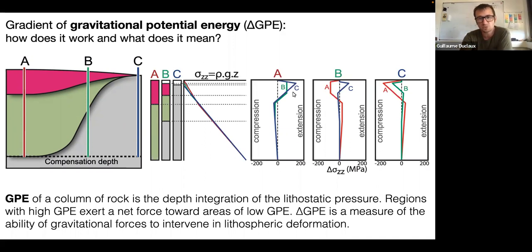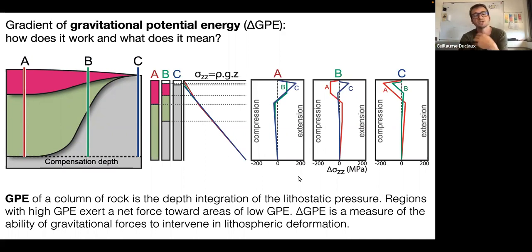And we're going to compute the difference in sigma ZZ. We integrate sigma ZZ along each of these columns, and we compute the difference between column C and column B and column A. And what you see is how the gradient of gravitational energy between these different columns is presented.